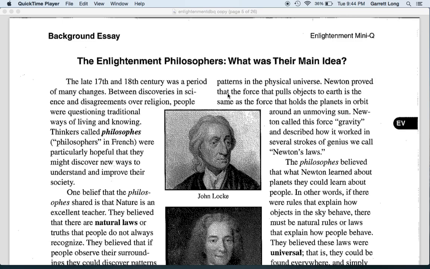Thinkers called philosophes, or philosophers in French, were particularly hopeful they might discover new ways to understand and improve their society. So highlight the key term philosophes, which are philosophers, and then please highlight discover new ways to understand and improve their society. Moving on.